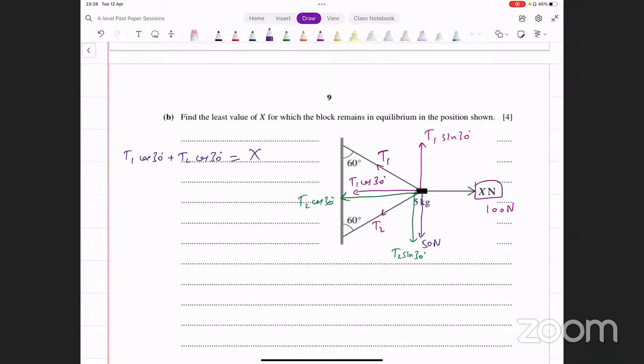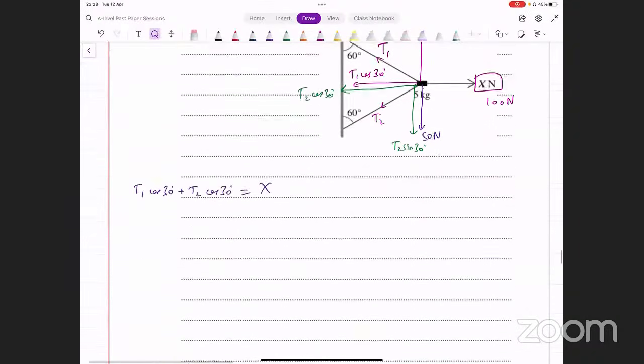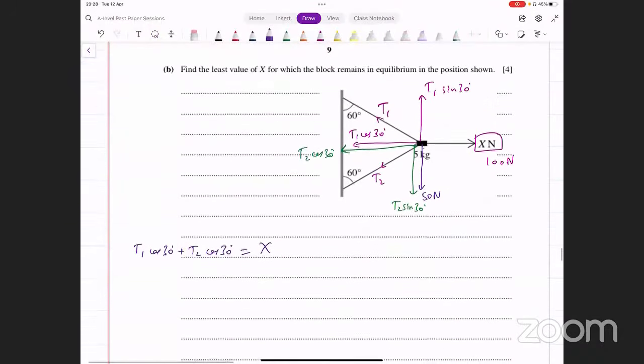In fact, vertically too, you get the same two components and equations. Vertically, what is happening? We've got T1 sin 30 acting upwards and T2 sin 30 and 50 acting downwards.